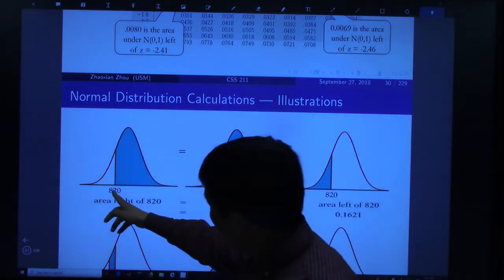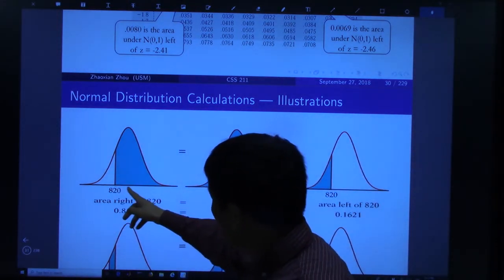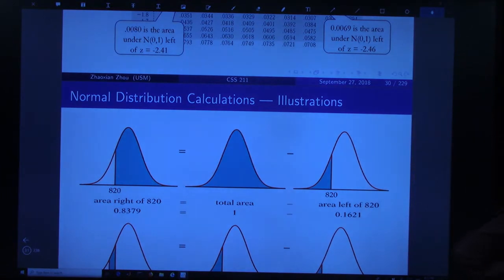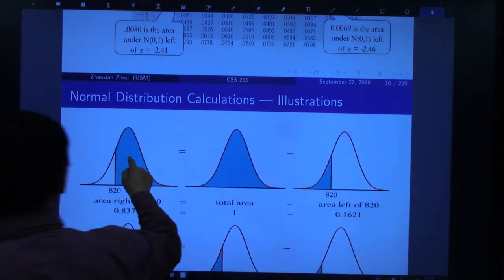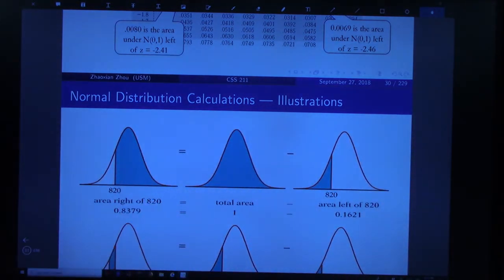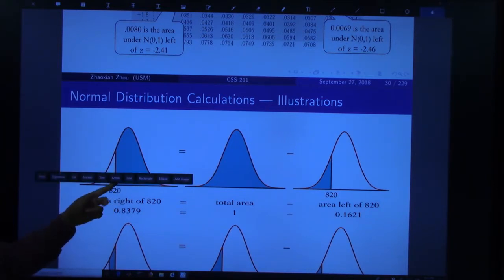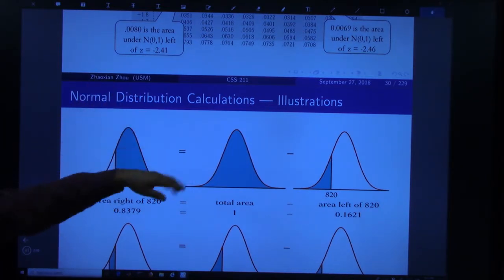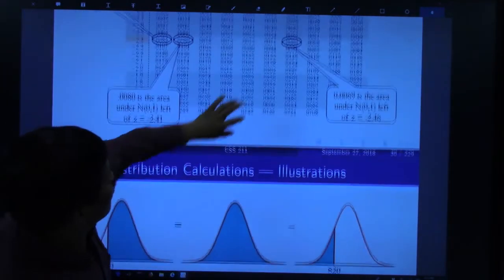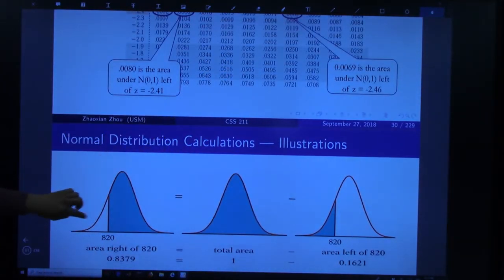Above 820 means all the way from here to the maximum. We want to know this area. How do we calculate this? Table A only gives us the area from the smallest number to this point, the area to the left of x, not to the right.